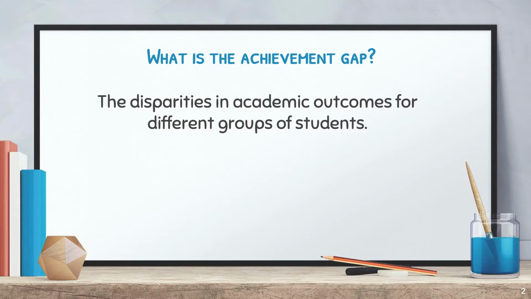Many education scholars argue that the American education system works to reinforce rather than overcome our differences by using these test scores. In this mini lecture, we'll look at three different categories that the achievement gap uses: race, gender, and socioeconomic status, or SES.